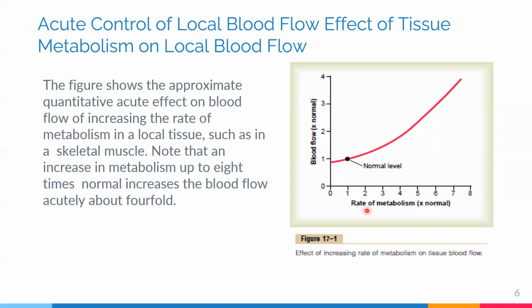If we carefully observe, we will see that even an 8 times increase in rate of metabolism will see a simultaneous 4 times increase in the blood flow, which means that the rate of metabolism is very much related to the blood flow, and blood flow will increase or decrease with respect to changes in rate of metabolism.